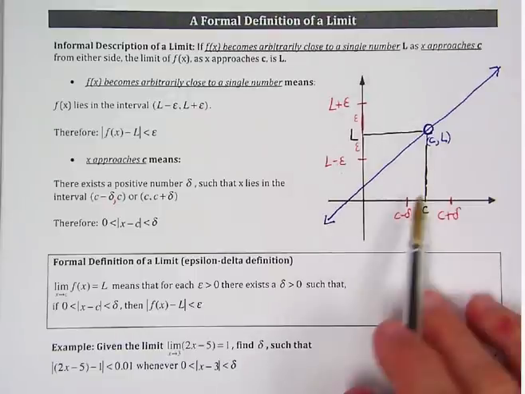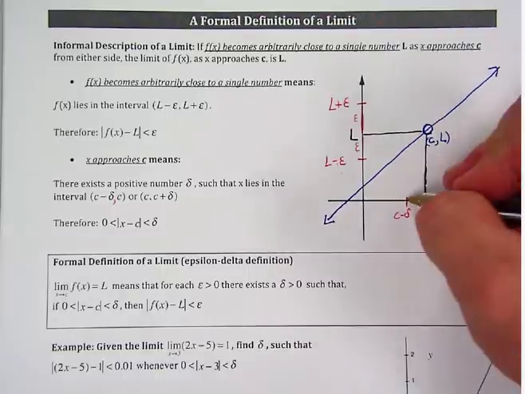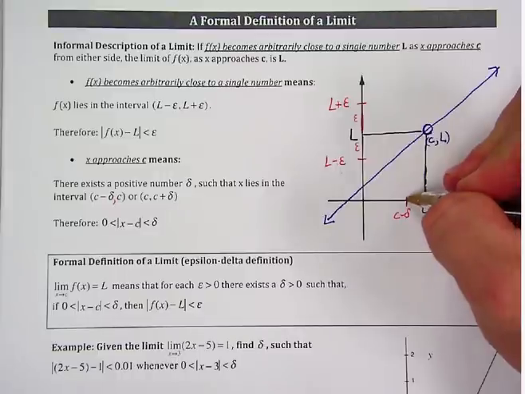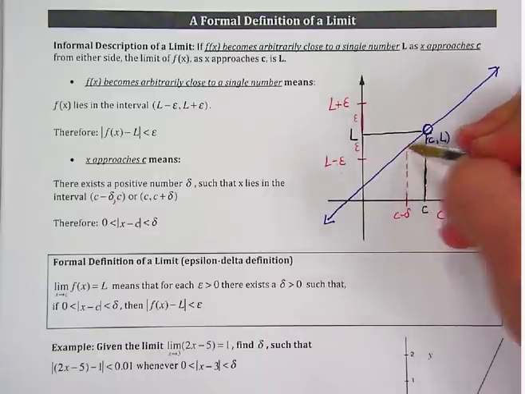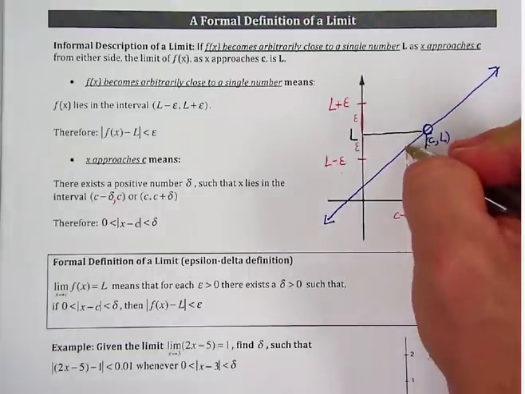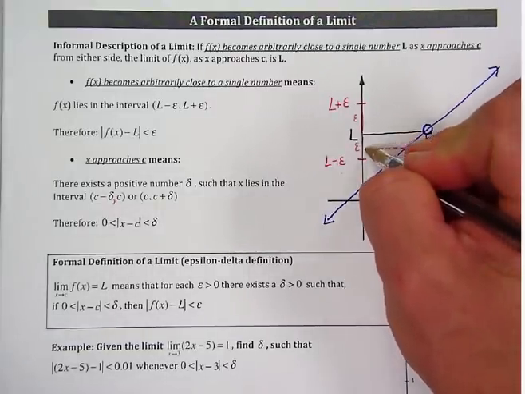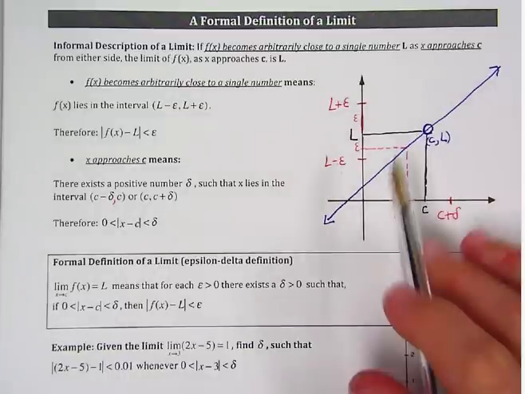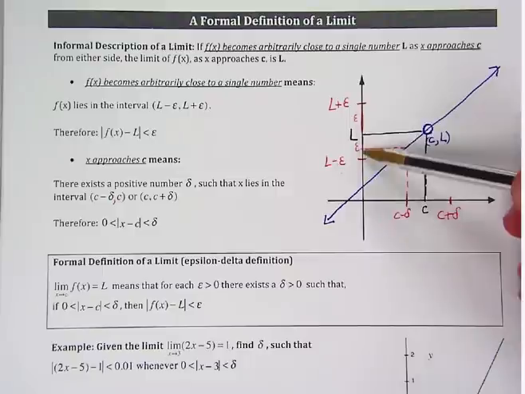Okay, so you can see x is approaching c, meaning we can get somewhere close enough within delta of c such that this happens. As we map c minus delta up to our function, and if we map it back over to the y-axis, it's going to give us an f of x that falls within this range.